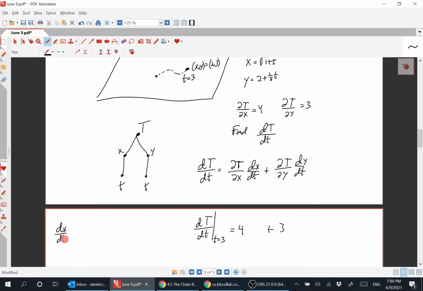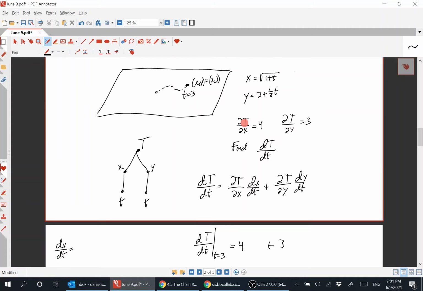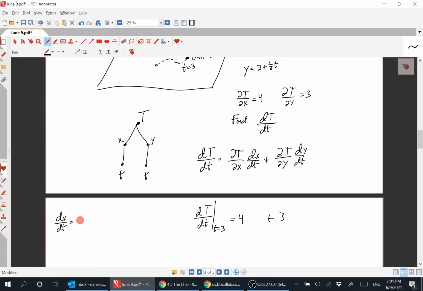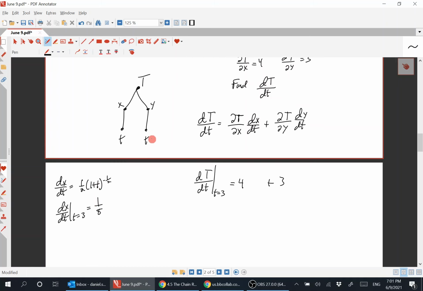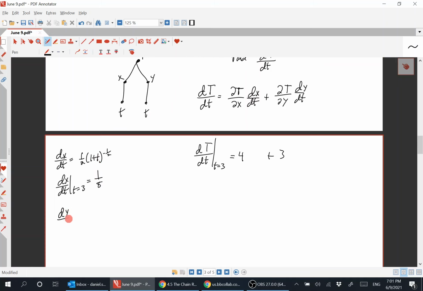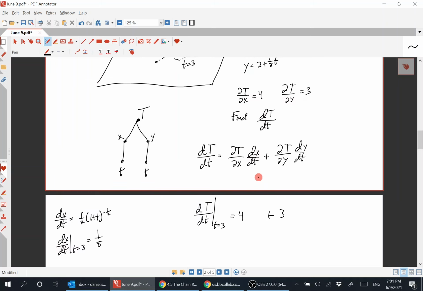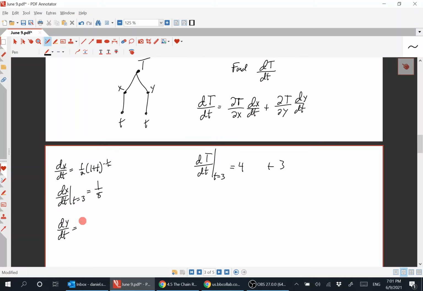So dx/dt is equal to what? So it's 1 plus t to the 1/2, the function. So this is 1/2 times 1 plus t to the negative 1/2. So dx/dt at t equal to 3 seconds is 1/2 times 1 over square root of 4, so 1/4, so 1/8. And dy/dt is just 1/3.